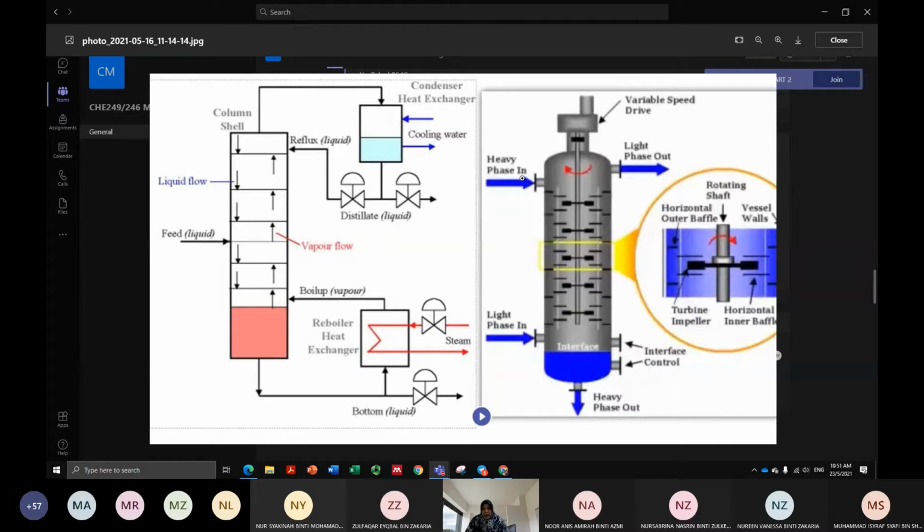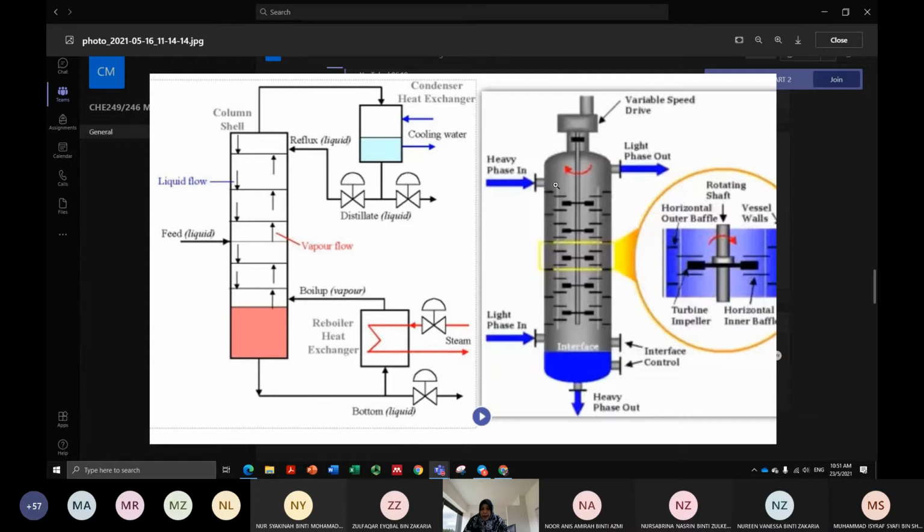This heavy phase in represents your feed, or you can label it as L0. This is how the equipment looks like in the industry, or maybe in our lab. If you have the chance to do the experiment in our lab, this is how the LLE equipment looks like.